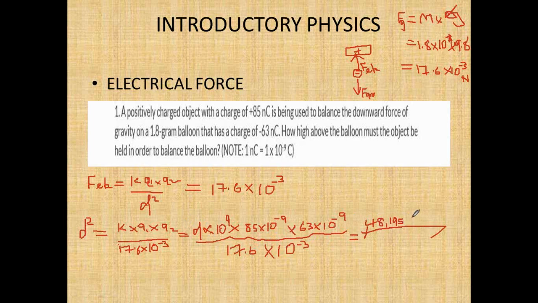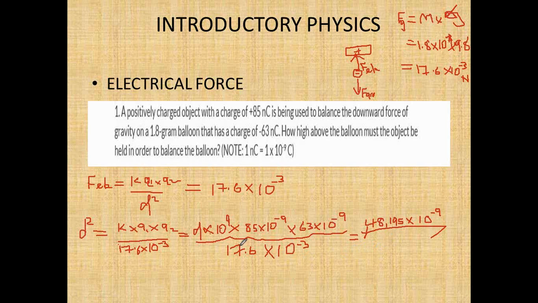So this 10 to the minus 9 is going to cancel this 10 to the positive 9. So this is times 10 to the minus 9. And then we have this down below.